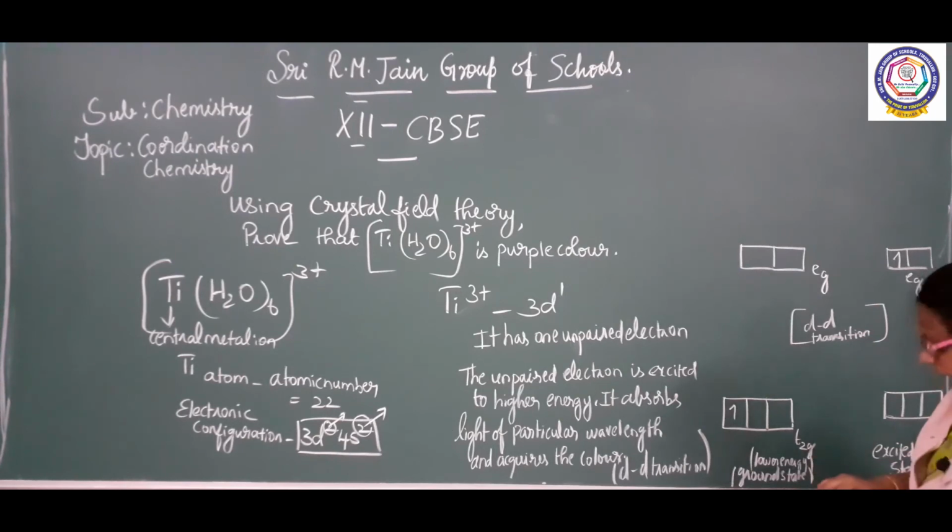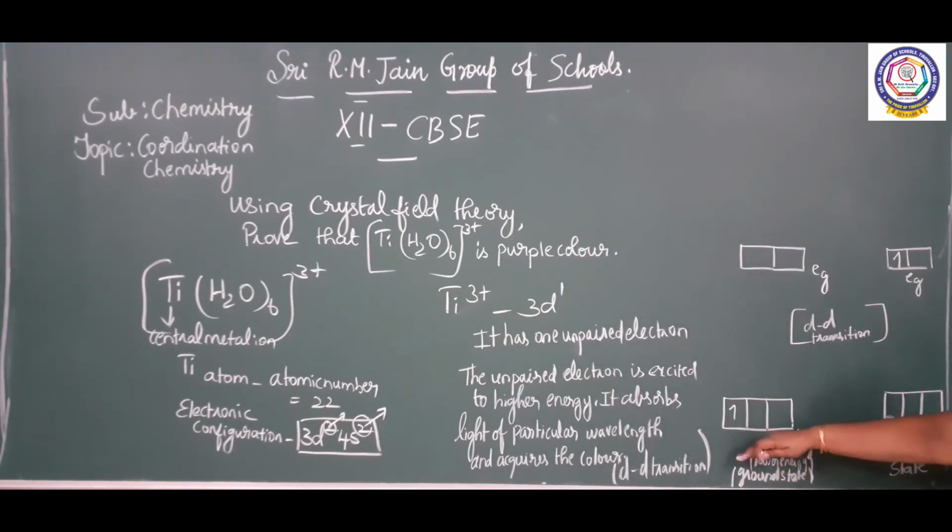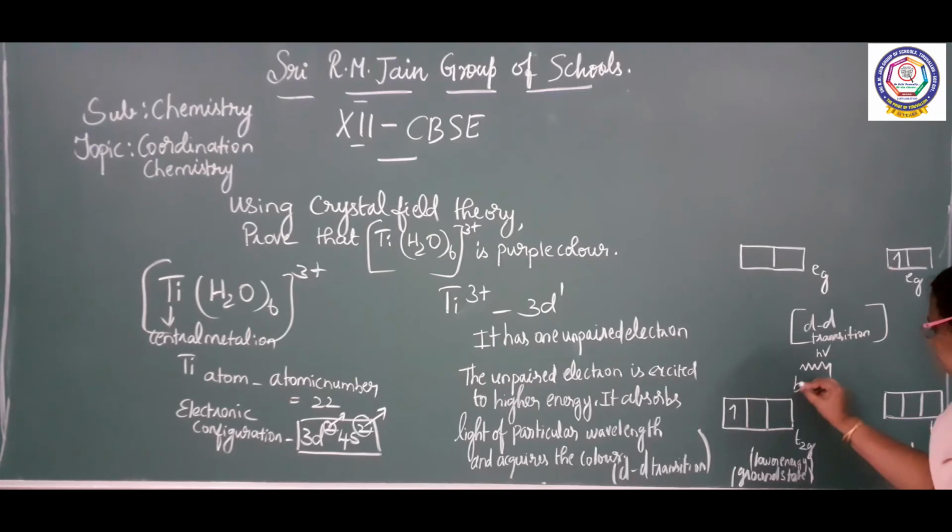When the electron is excited from the lower energy level to the higher energy level, it absorbs the light of a particular wavelength and acquires color. Here in case of titanium, it absorbs the light of the blue-green region and gives purple color.